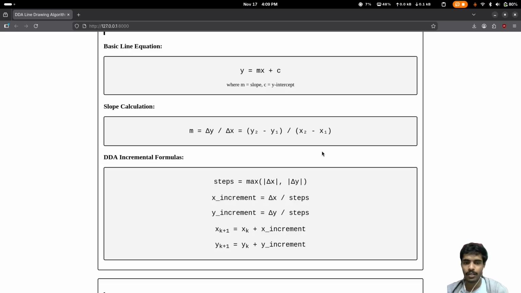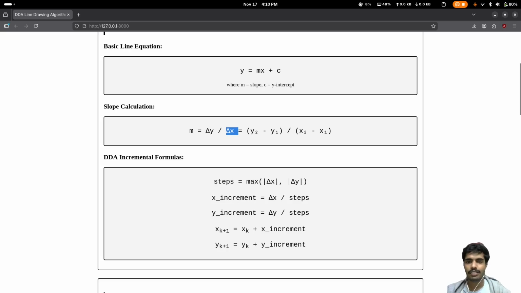In the DDA algorithm, we first calculate a variable step, in which we see which is bigger, del x or del y. Del x and del y are the difference between the initial point and the final point. Let's say del y is equal to y2 minus y1, where y2 and y1 are the final and initial points of a line, and similarly del x.